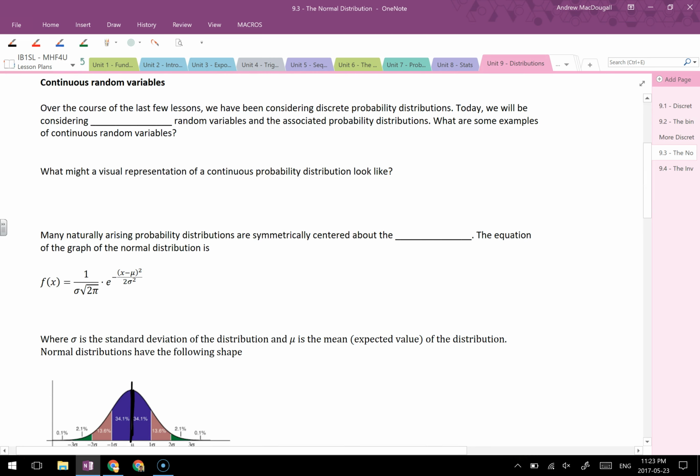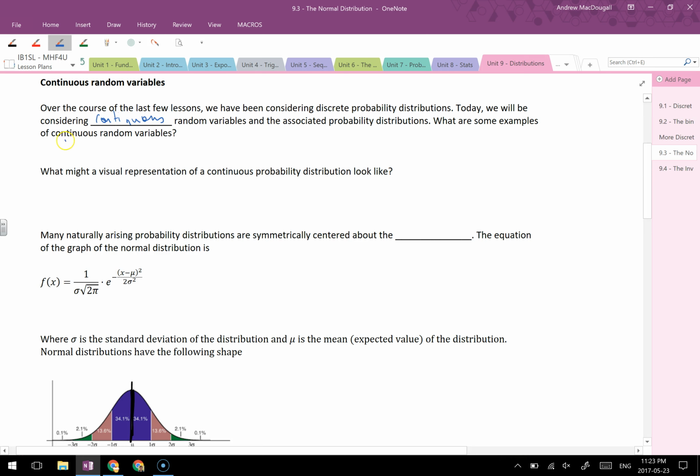We'll skip the warm-up and focus instead on the material at hand. Last day we looked at binomial probability distributions, which were a special case of discrete probability distributions. Today we're moving on from discrete data, and now we are considering continuous random variables, things that you can measure, which can take on a continuum of values.